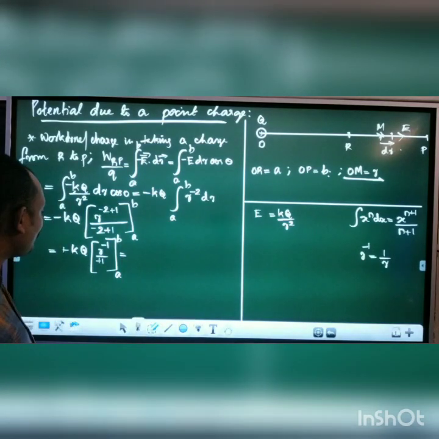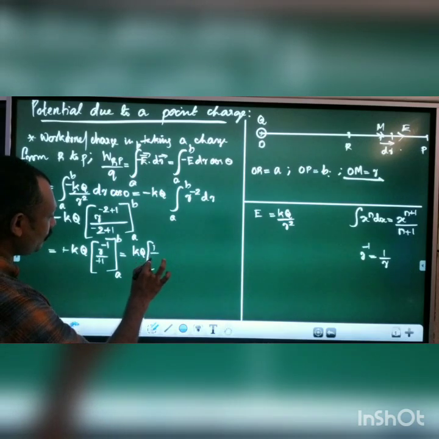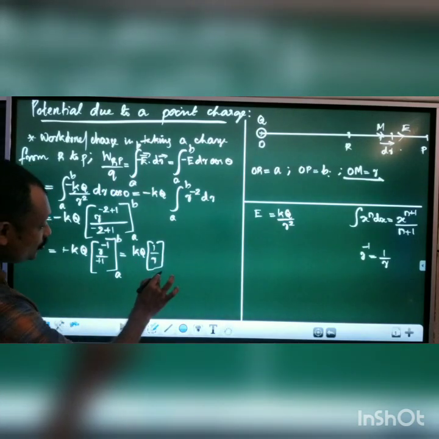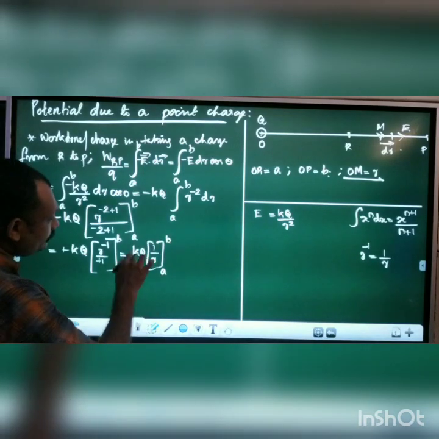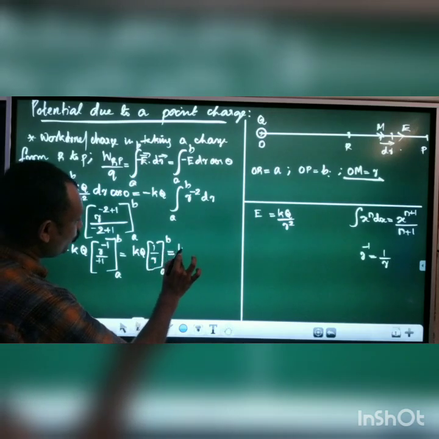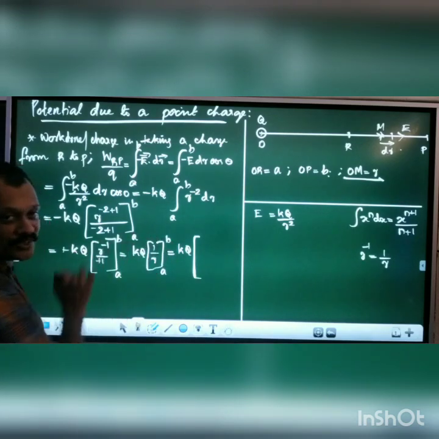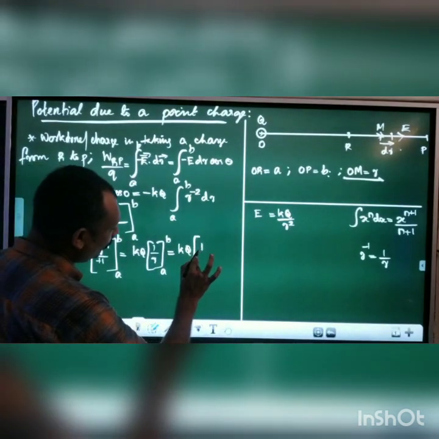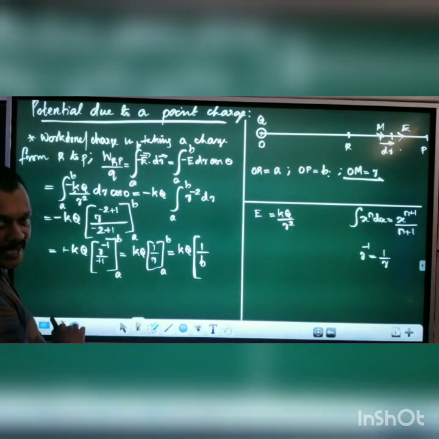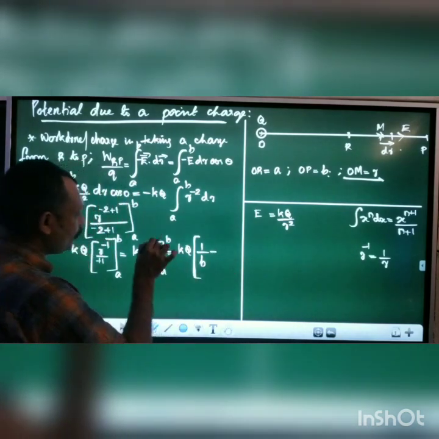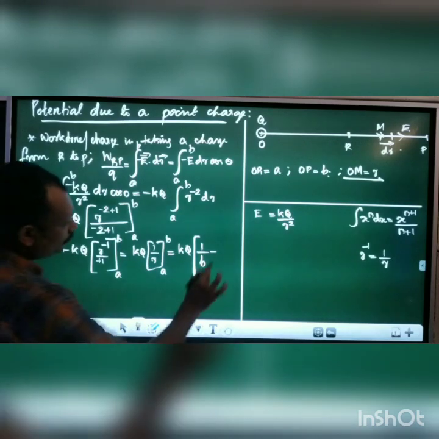So I will get KQ into 1 by r within the limits A to B. Applying limits, I can say KQ into, first we apply the upper limit, that means r is replaced with B, so 1 by B. Now r should be replaced with A, minus, because when we apply limits, it is upper limit minus lower limit, 1 by A.